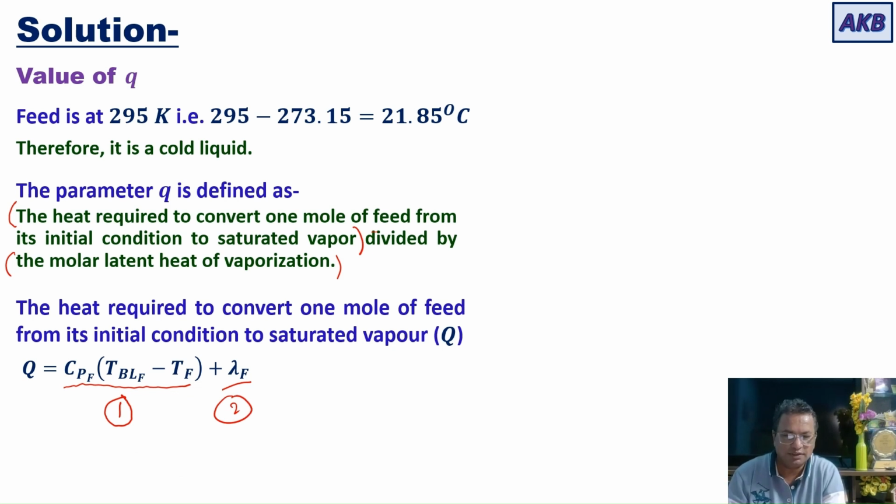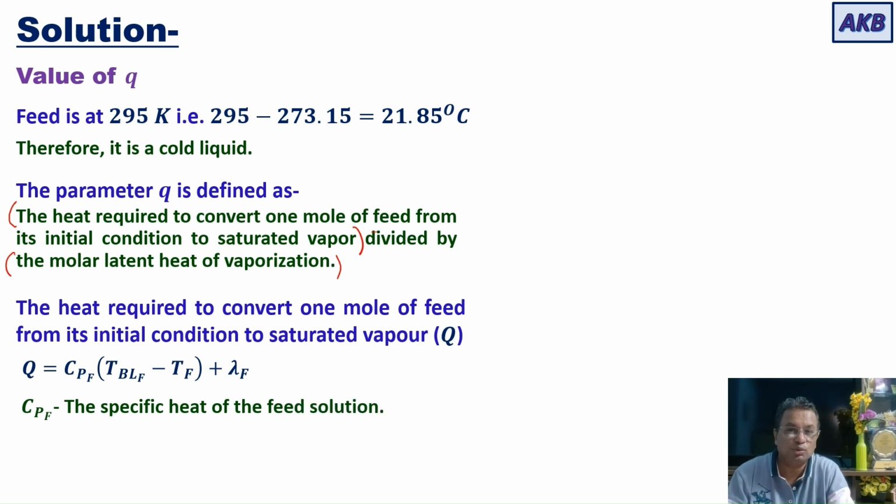Okay, so what are the terms involved in this equation? Let me tell you. The first one is Cpf. In this case, Cpf is the specific heat of the feed. This is not known to us. We know specific heats of the pure components, and we are going to use them to get the specific heat for the feed solution. Then TBLF is the boiling point of the feed solution.